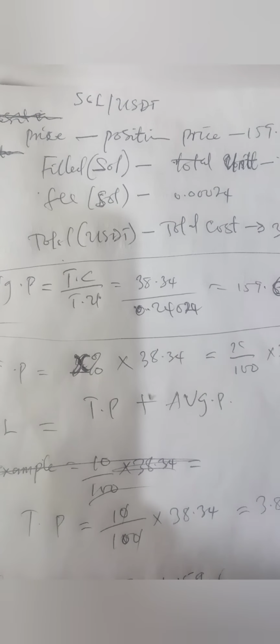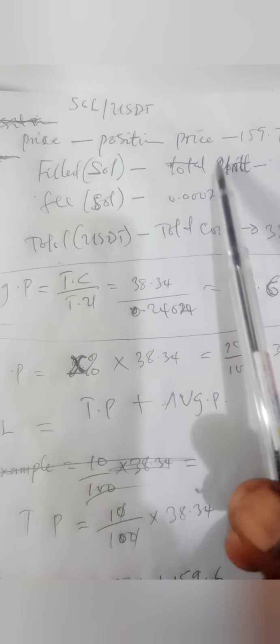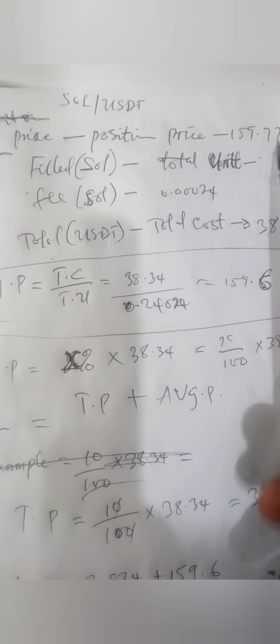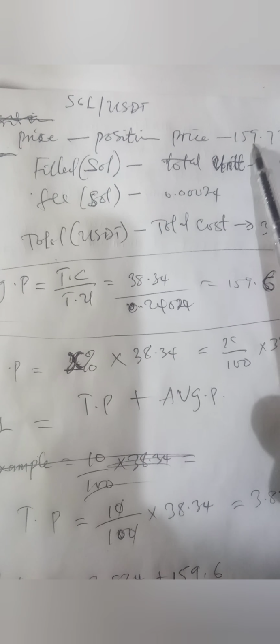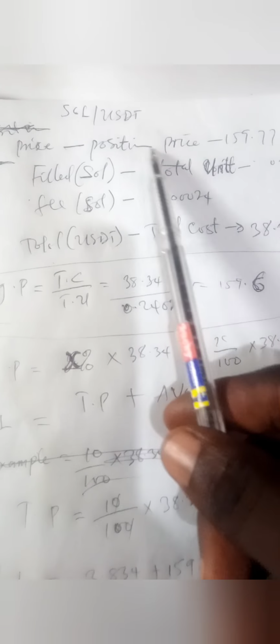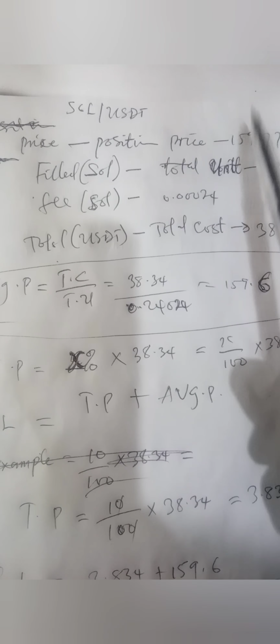So you know the decimals are many, so some fractions of it must have been lost, so it is approximately 159.7. That's why I told you that this is now your average price.